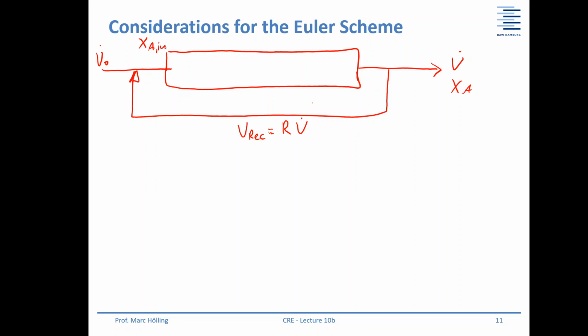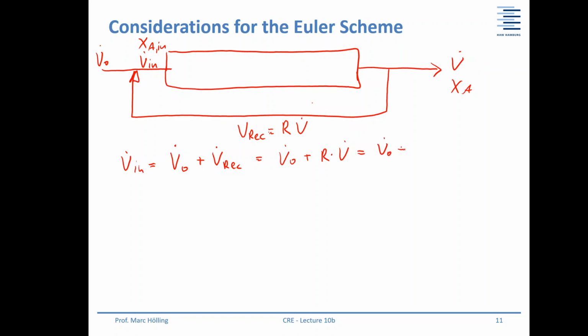And now let's have a look at our volume flow. Okay, so if this should be the volume flow at the inlet, our volume flow at the inlet should be just the mixture of the volume flow coming newly to the reactor plus the one that is recycled. So this is V dot 0 plus R times the outlet volume flow, and the outlet volume flow can be written in terms of the conversion.